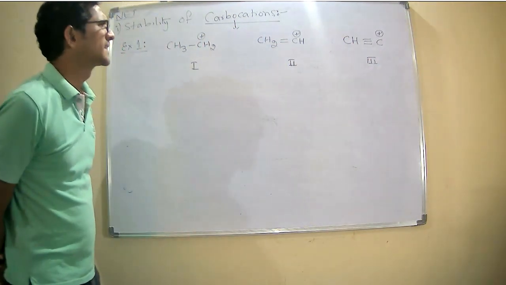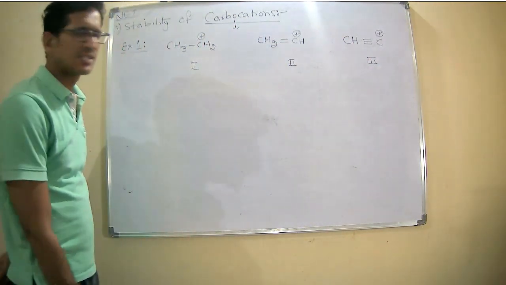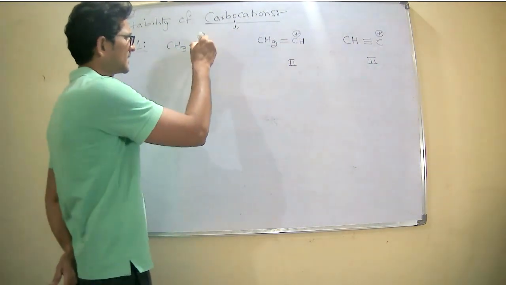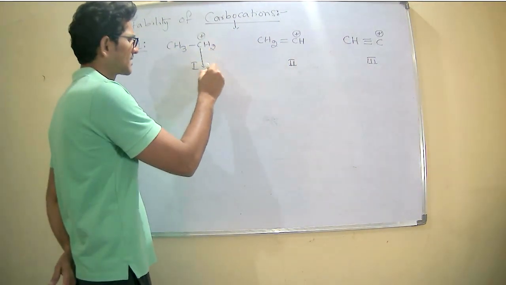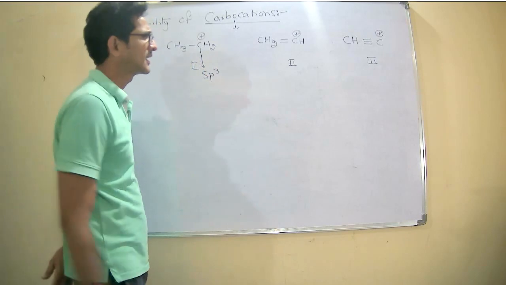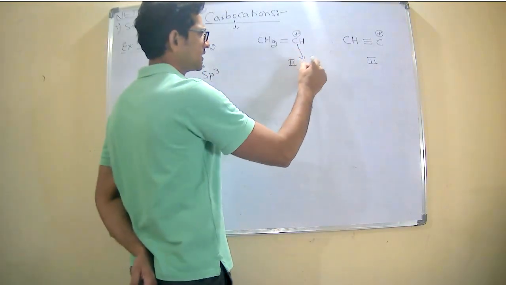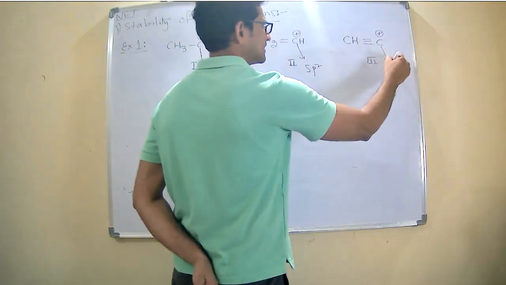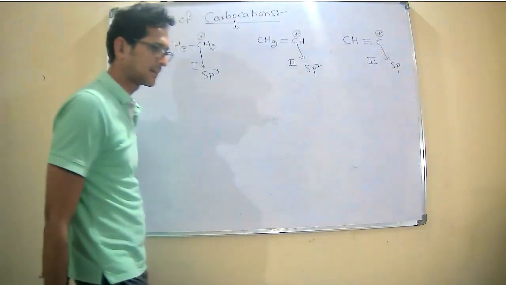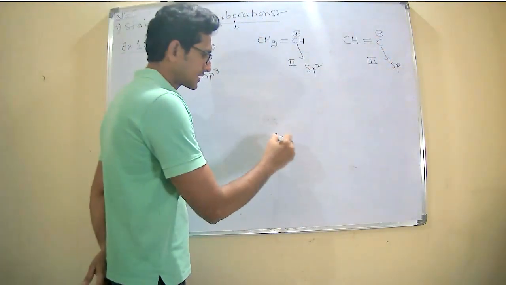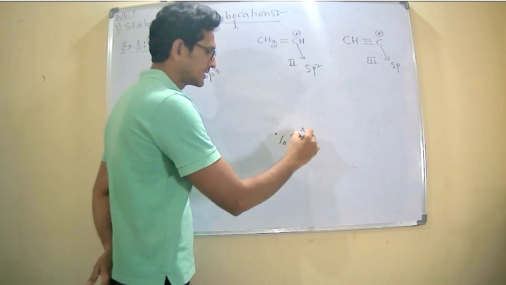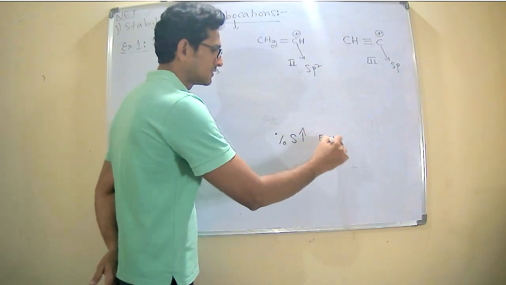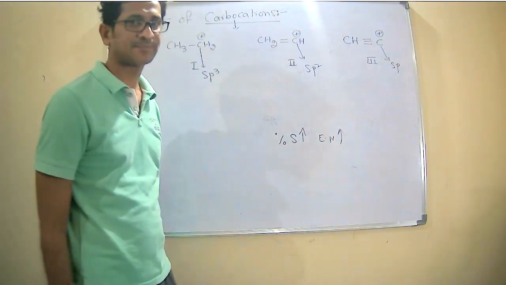Right. As we discussed yesterday, this is an sp3 hybridized center, this is an sp2 hybridized center, and this is an sp hybridized center. As the percentage of s character increases, electronegativity also increases.